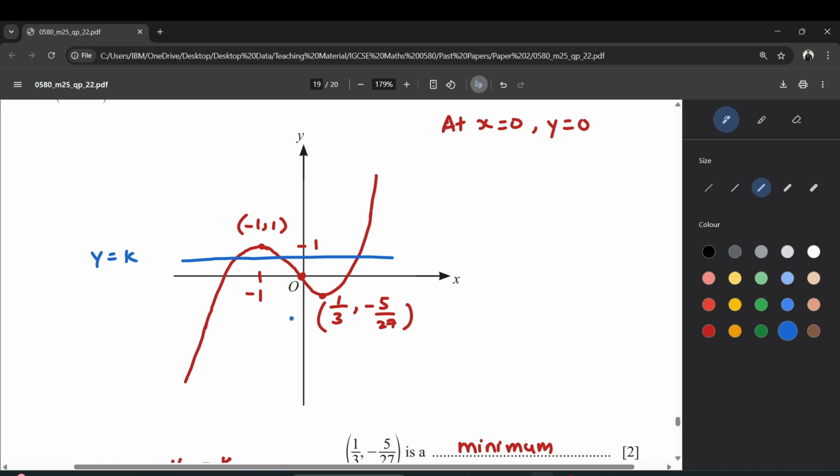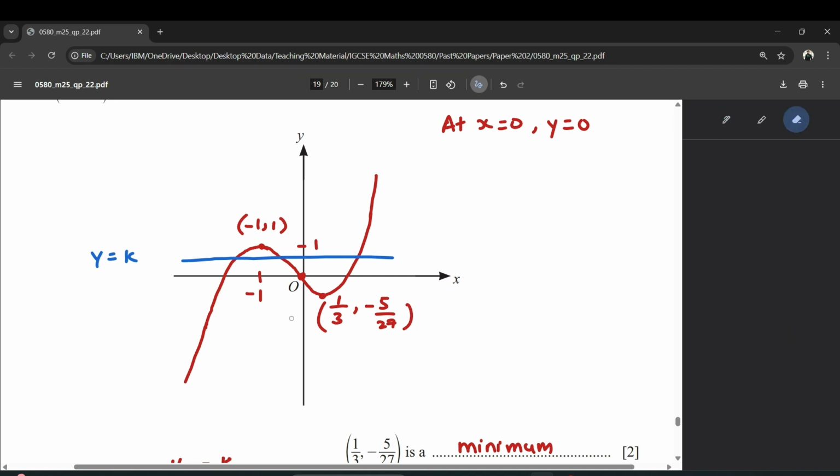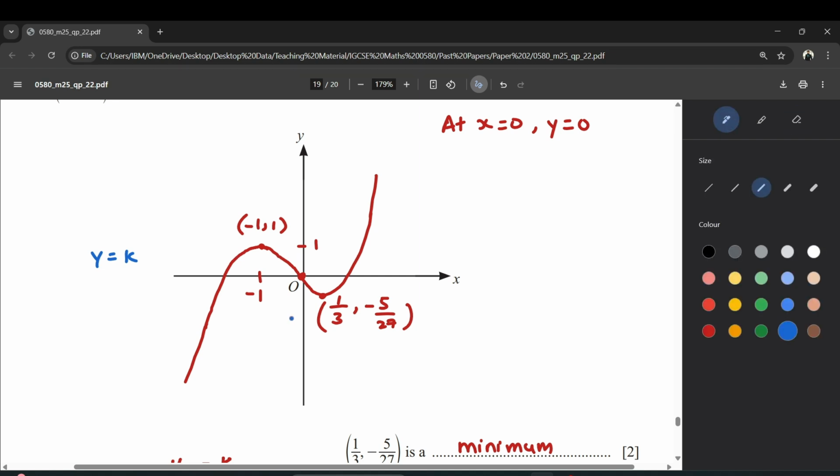But we want the value of k to be such that the number of solutions is less than 3. So if I were to draw a line at the maximum and a line at the minimum, how many solutions can we see? We can see that we have two solutions for each of the lines.